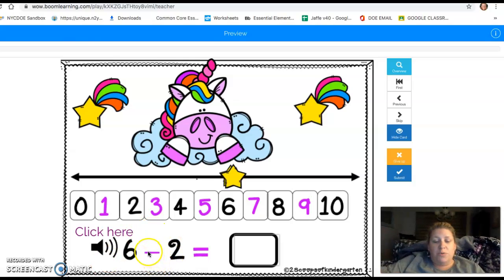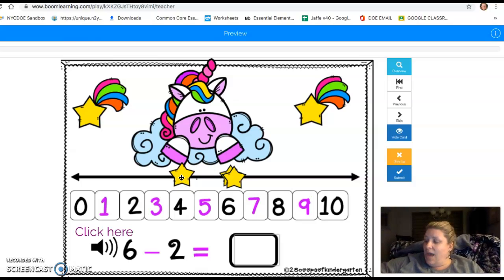So we're going to minus 2 or take away 2. That means we have the star at the 6. We're going to move the star 2 places to the left because remember the numbers go down. So 1, 2.